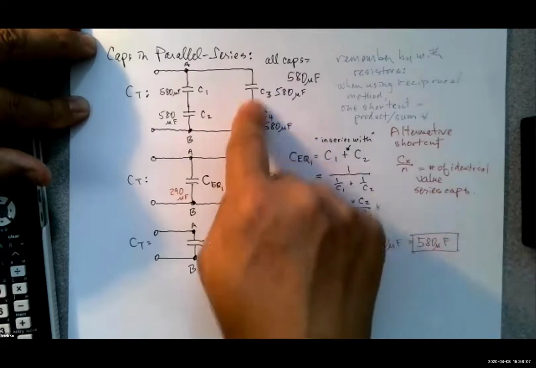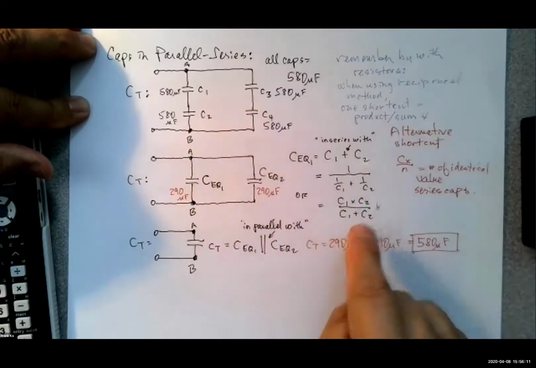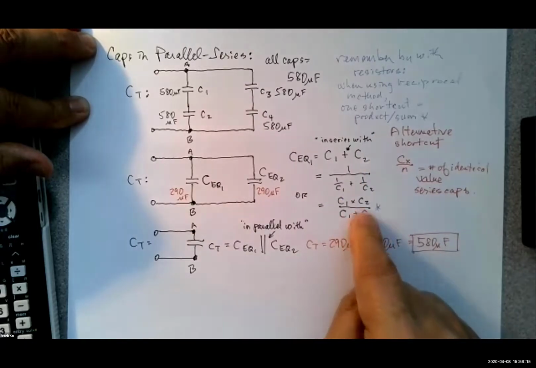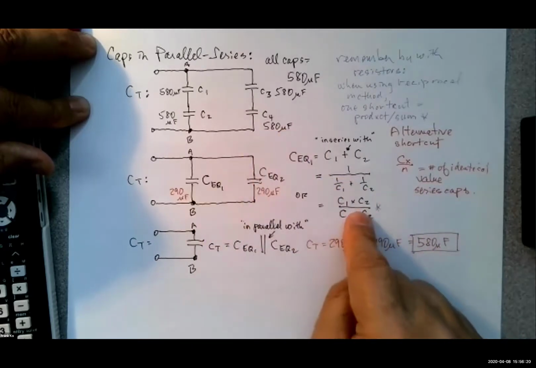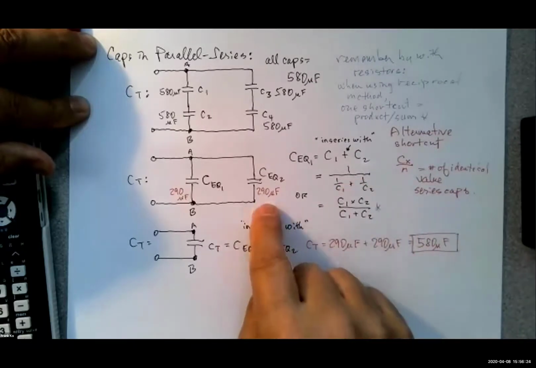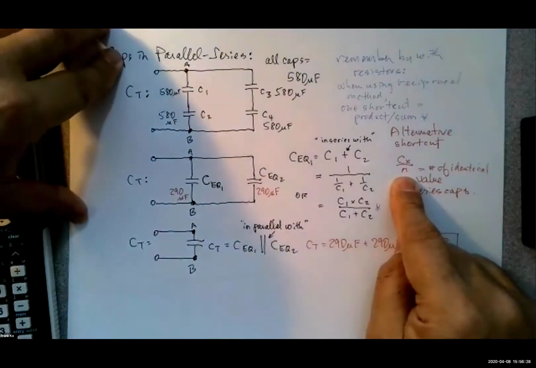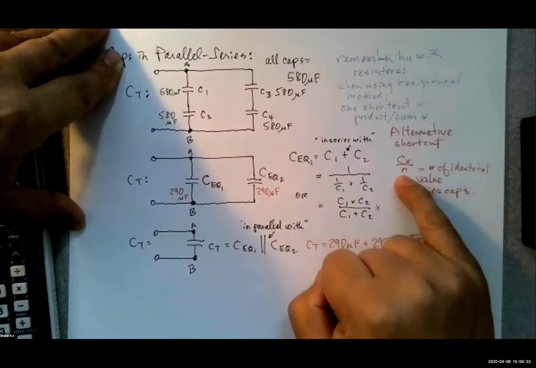If I have caps in series, we use the reciprocal method, but that also engages a shortcut known as product over sum. If we use 580 times 580 over 580 plus 580, we'll end up with the same value as the reciprocal. But since these happen to be identical values, we can use a fast shortcut: take identical value components and divide by the number of those components.